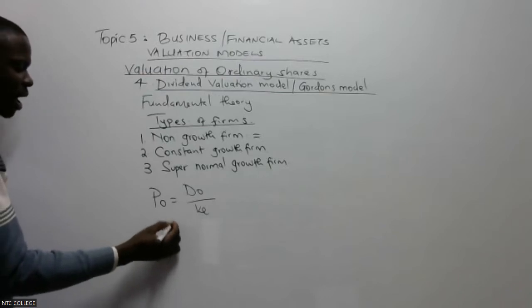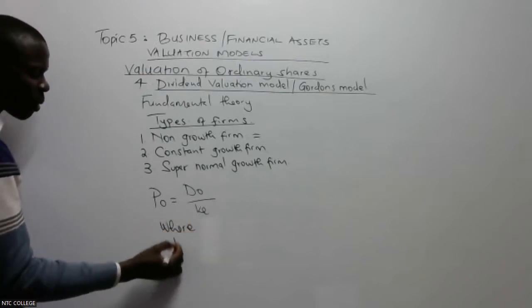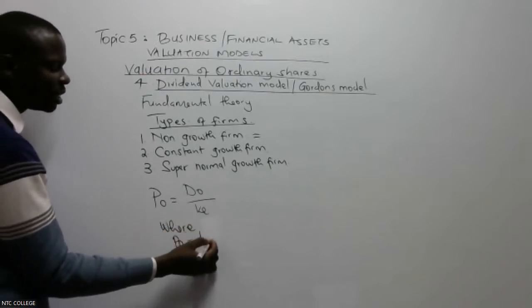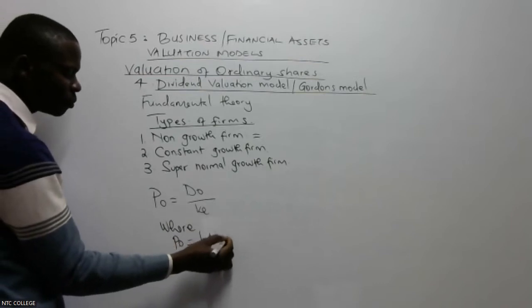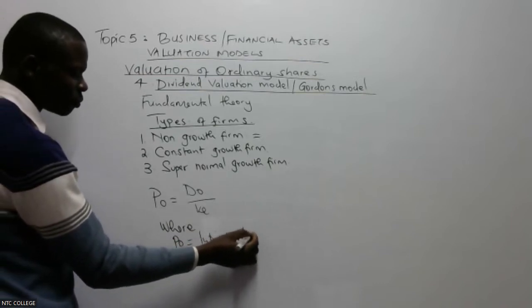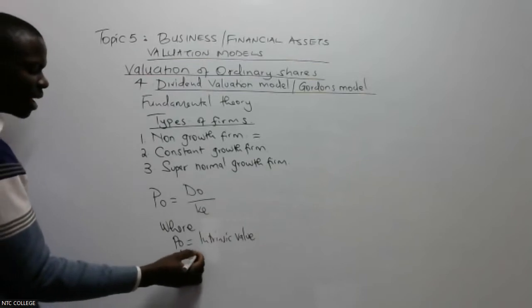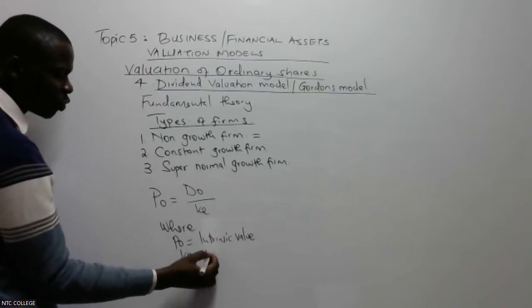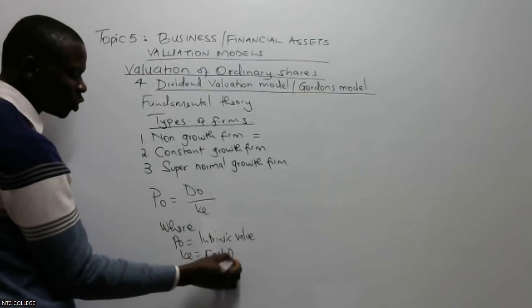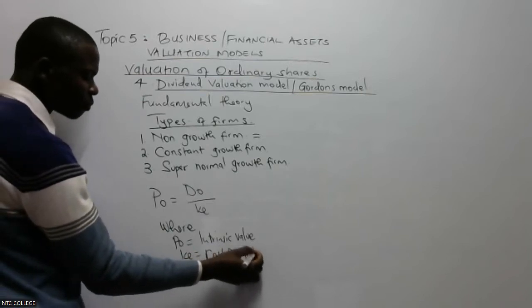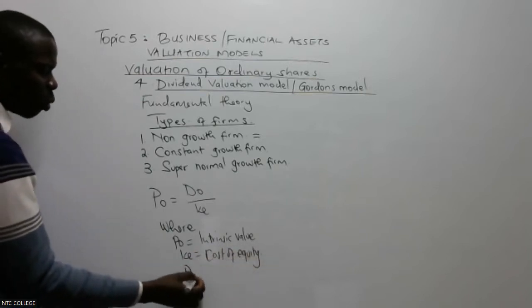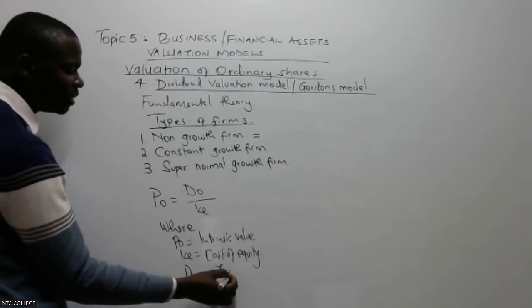So here, P0 is the intrinsic value, Ke is the cost of equity, and D0 is the just paid dividend.